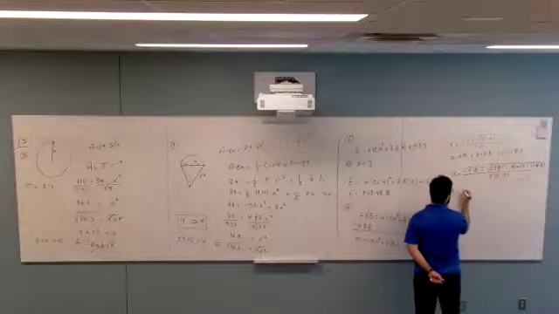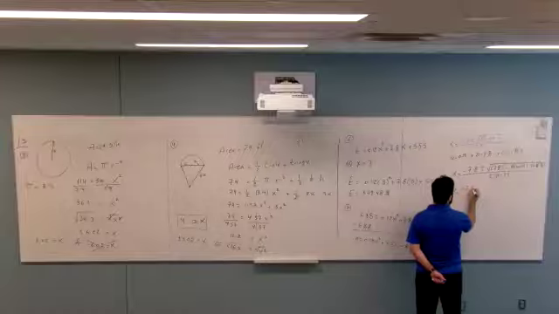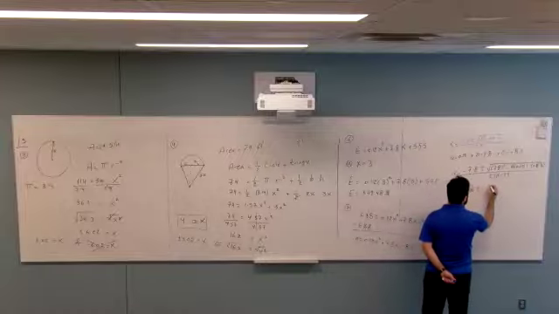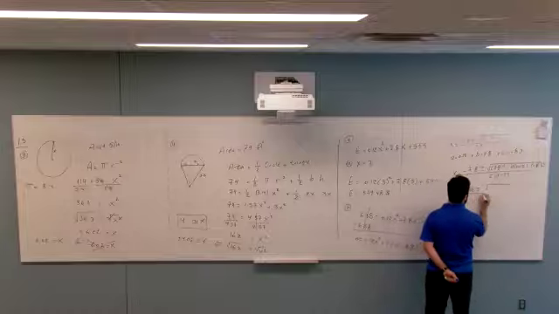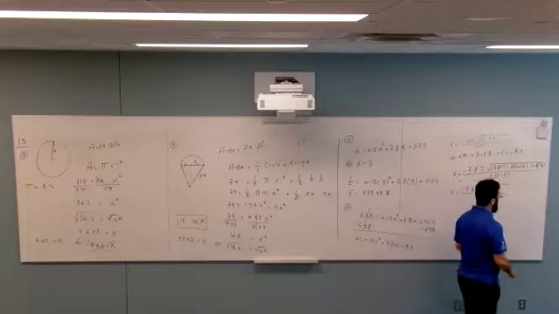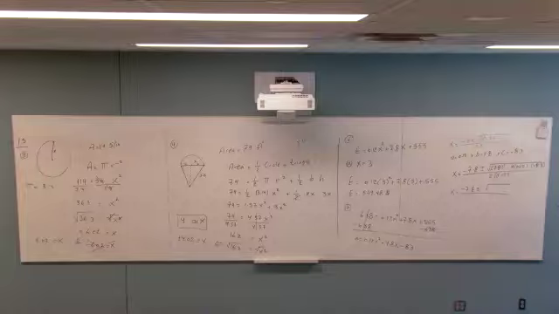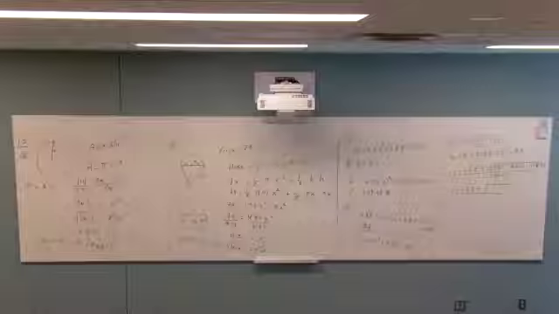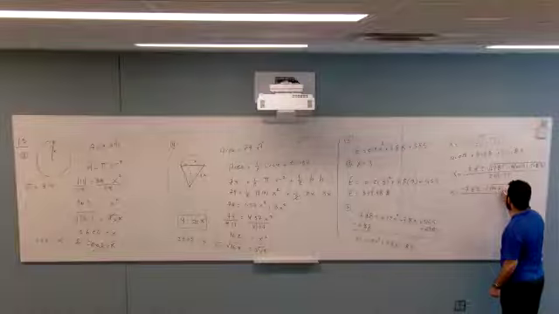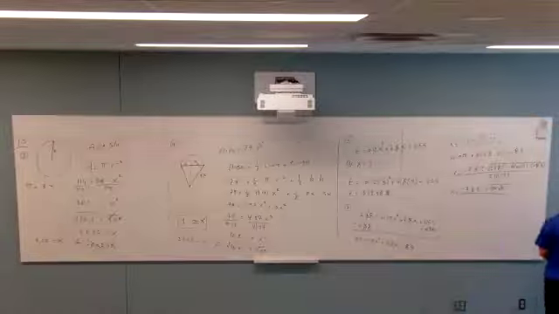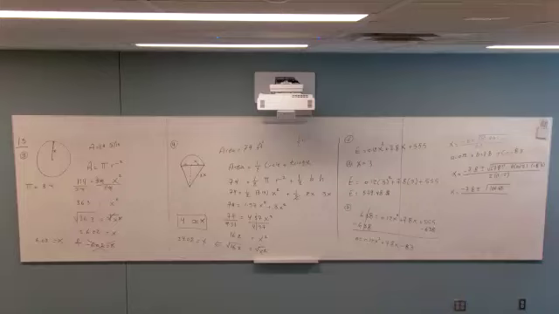x is going to be equal to negative 7.8, plus or minus the square root of, how much is the value of everything inside the parentheses? 100.6.8, over 0.24.